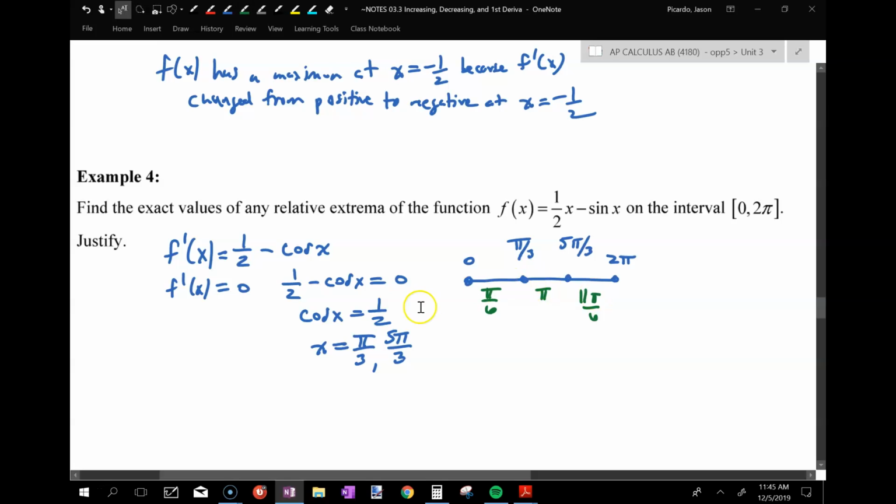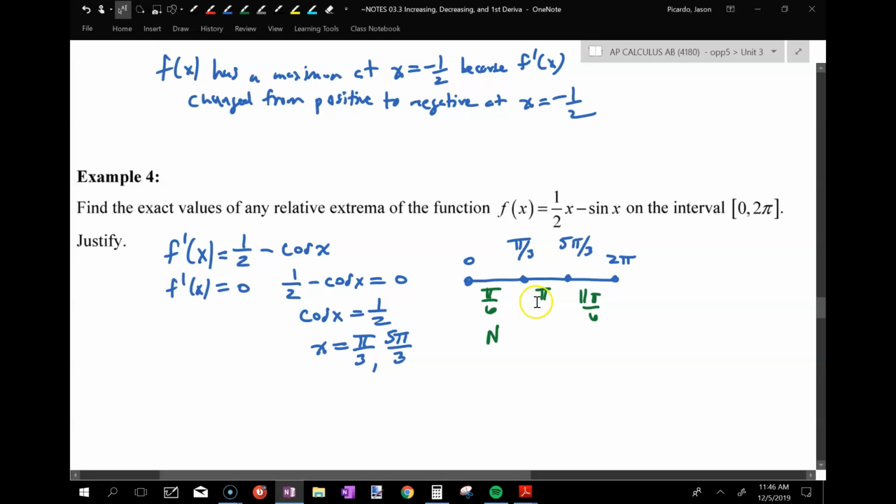All right, so pi over 6 is what? 30 degrees, right? Okay, so what is cosine of 30? Radical 3 over 2. What's 1/2 minus radical 3 over 2? Radical 3 over 2 is what? 0.866 or 0.886? So this is 1/2 minus that. It's definitely a negative number, right?